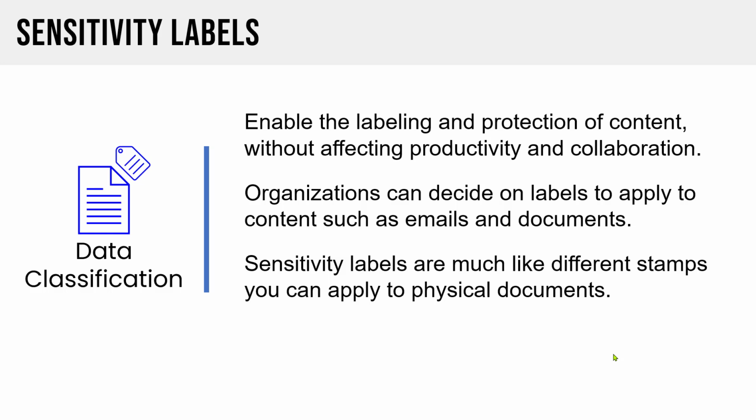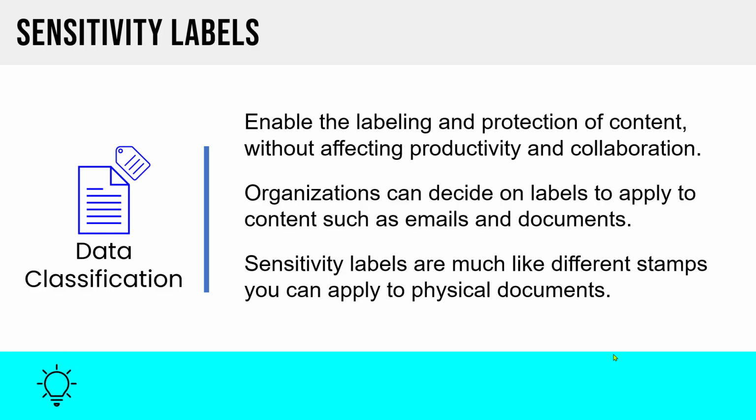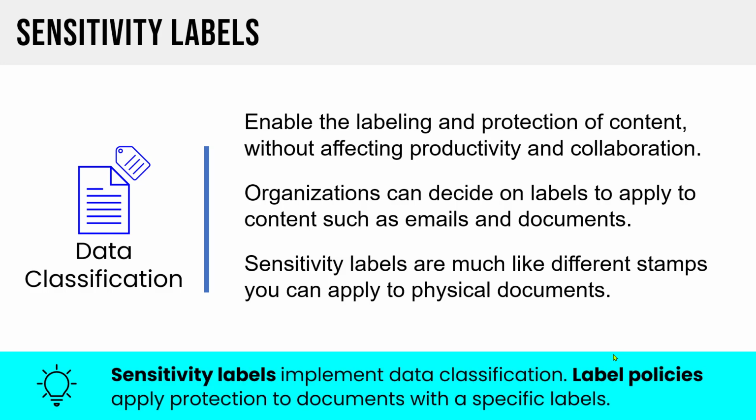But labeling is just the first step. So I classify my data by applying a sensitivity label, okay? And that's step one. It's really a two-step process. So sensitivity labels implement data classification. Label policies apply protection. Most organizations in the real world never get all the way through data classification, but know that you can classify and apply sensitivity labels without applying protection through label policies, which can restrict access.